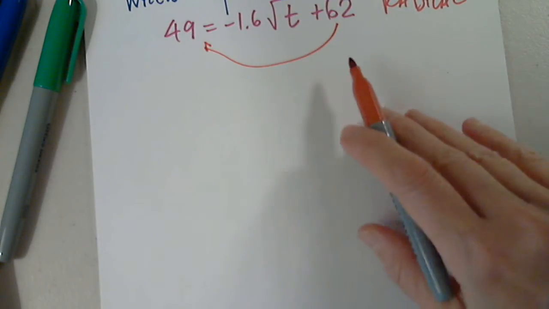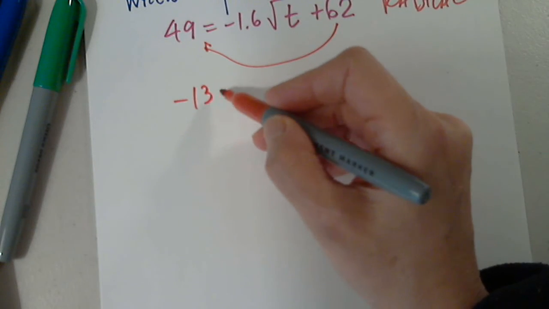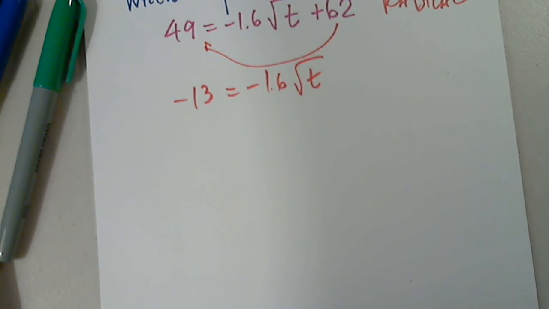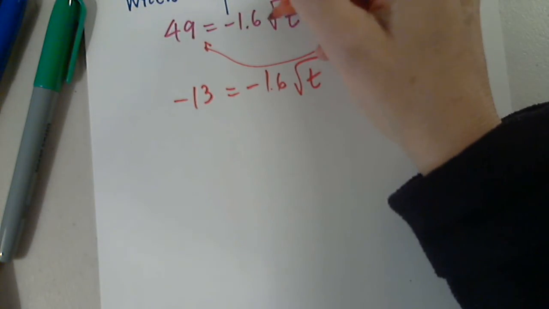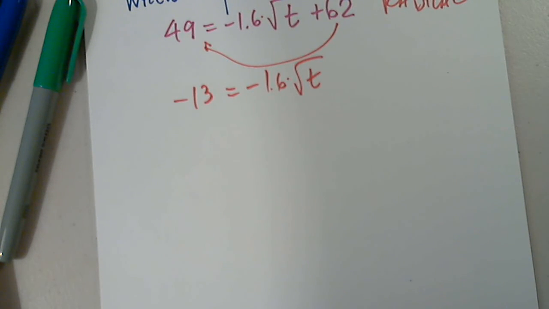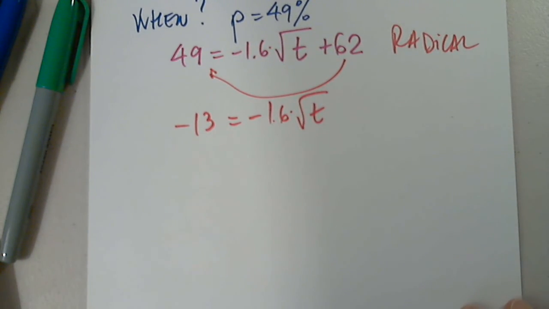So 49 minus 62, negative 13 equals negative 1.6 times the square root of t. Is the negative 1.6 and the square root of t like one term? Yes, it's a product, exactly. If there is no symbol, it's multiplied. I can't separate those.